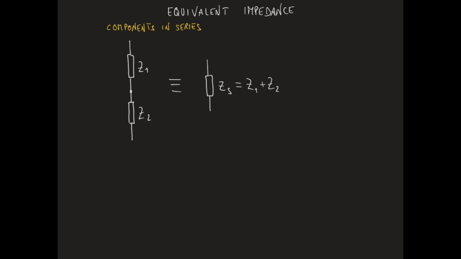More in general, if we have n components in series, then the equivalent impedance will be given by the sum of the impedances of all the components. So Zs in this case will be given by the sum for i going from 1 to n of Zi.